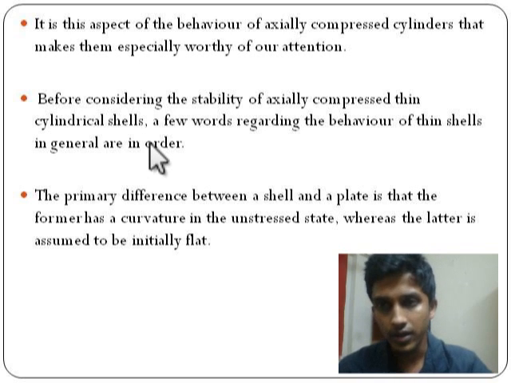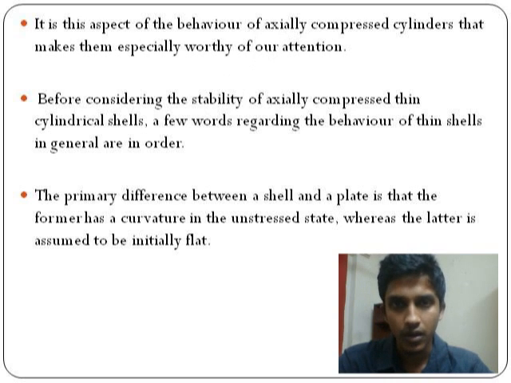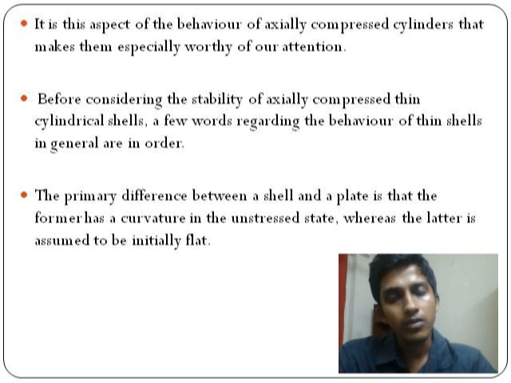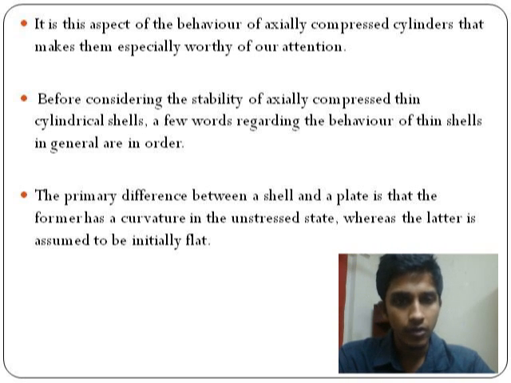So this is the thing which gains our attention for this study. Before considering the stability of an axially compressed thin cylindrical shell, a few words regarding the behavior of thin shells in general are in order. So before we move to the study, some points are there which we should always keep in mind while going for buckling of shells.